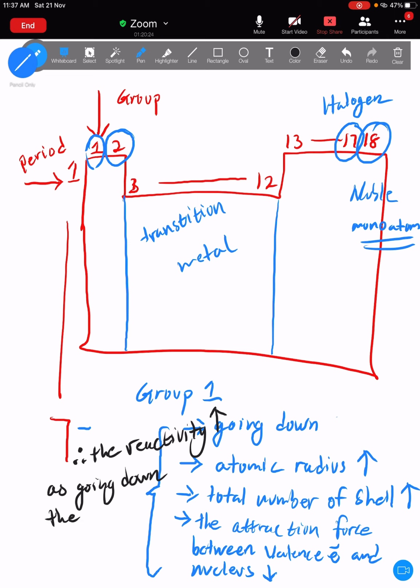But other than that, what else can I say? Other than reactivity, what do you mean by reactivity over here?